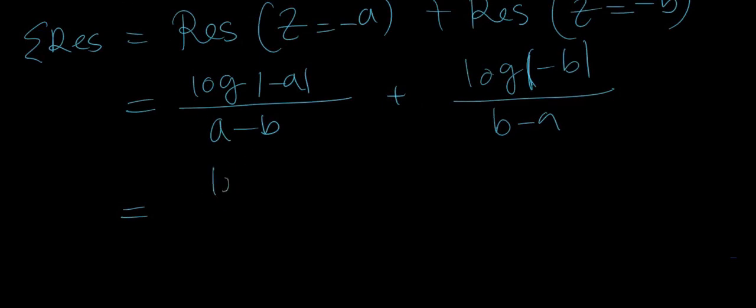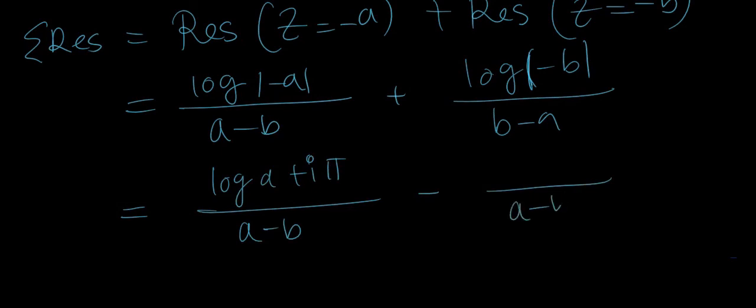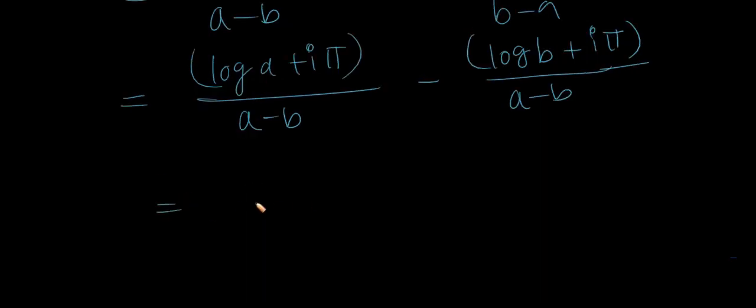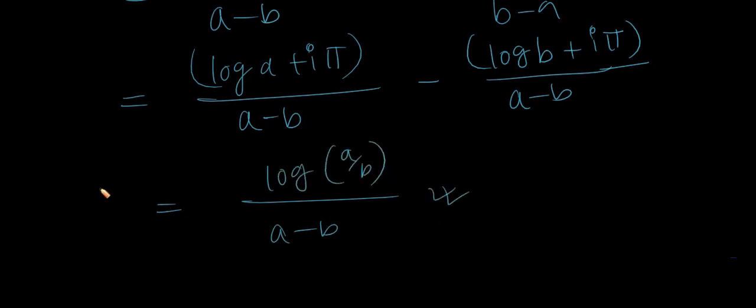So let me just write log a plus i pi, and here you will have a minus b, and finally you take a minus common like this and you have this a minus b thing, and you will have log b plus i pi. Okay, and if you just simplify this whole thing, this is just a minus b log of a by b, and this is your result.